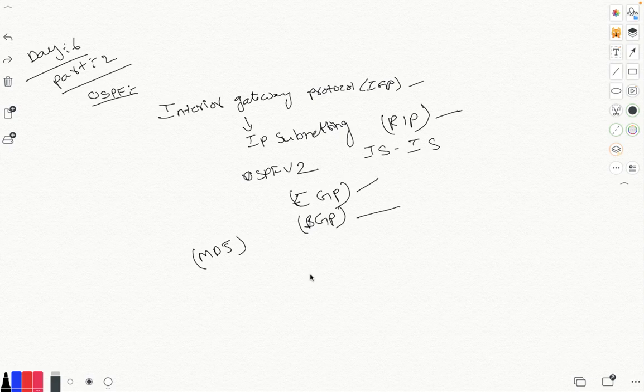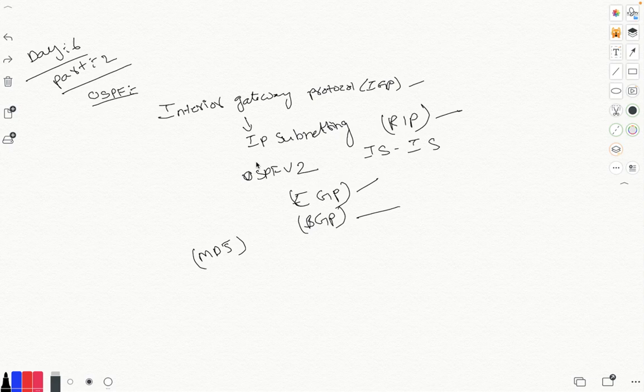OSPF classifies networks into the following types: broadcast networks, non-broadcast multi-access networks, and point-to-point networks. These are the most important different network types of OSPF. First is the broadcast network, second is non-broadcast multi-access, and third is the point-to-point network.